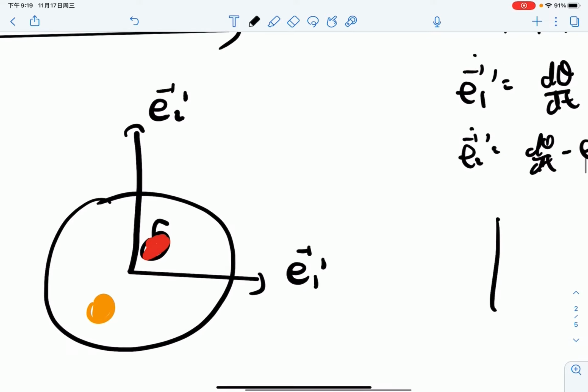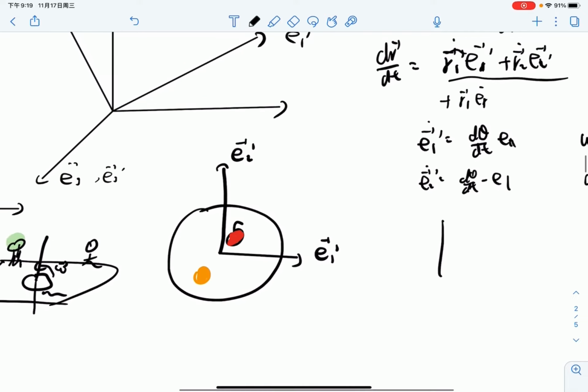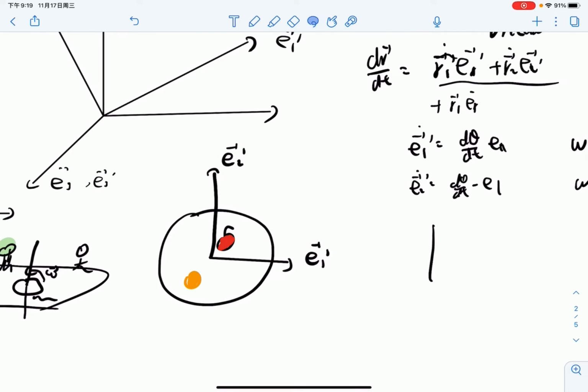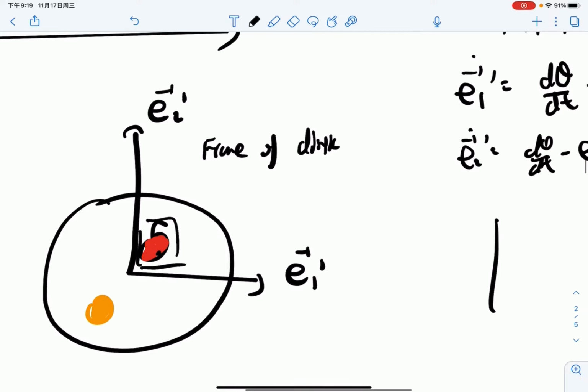It is just like X and Y, but these are unit vectors. If we just glue the apple at this point, we can see that the apple will not move in the frame of the disk.